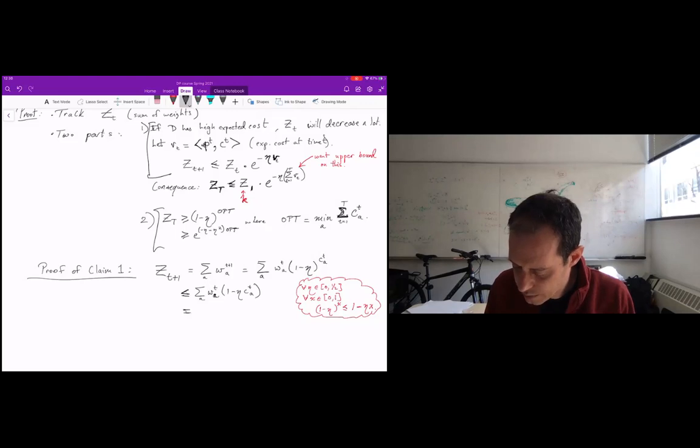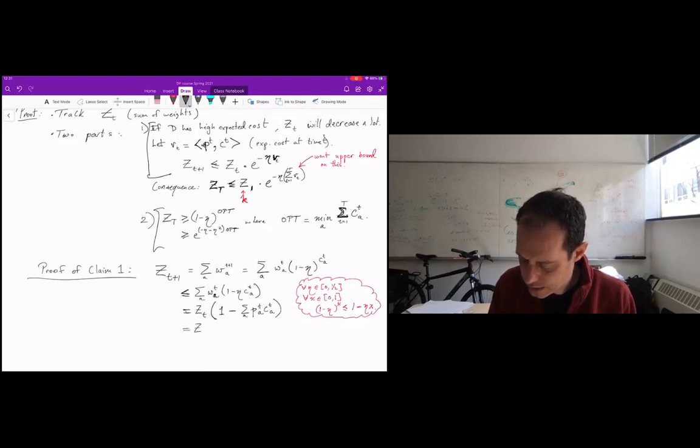The weights add, so we get Z_t, the previous Z_t, times 1 minus, if we pull Z_t out front, a sum over A's of the weight, so that's 1, and then minus the sum over A's of p_t^A c_t^A. So this is our expected cost that we want.